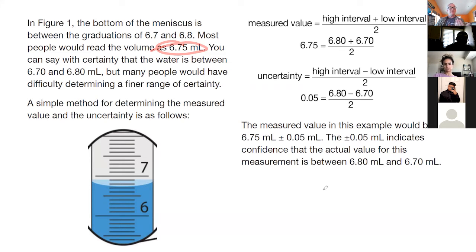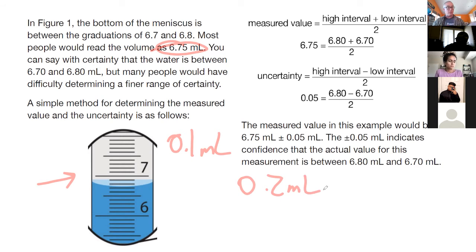A simple way of figuring it out is what is the interval above that measurement and what is the interval below that measurement? So if there's a tick for every 0.1 mils, as there is here, with our 10 mil cylinder, there's only going to be a tick every 0.2 mils. So remember that when you do your calculation.